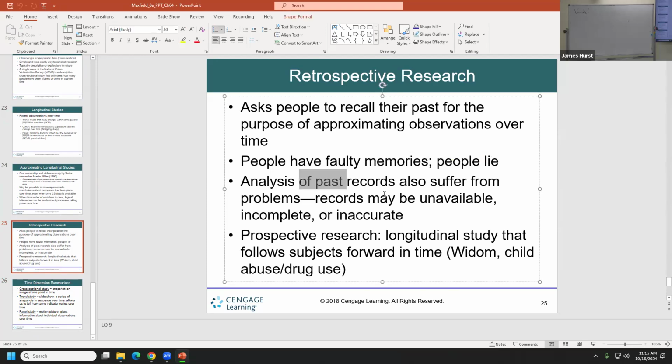Faulty memories, past records. Probably the most common one that we'll run into as we move forward is how things change, right? If I said the UCR, its definition for rape, it keeps two definitions, the current one and the legacy definition. The legacy definition is based off of forcible rape. Those are two wildly different things.